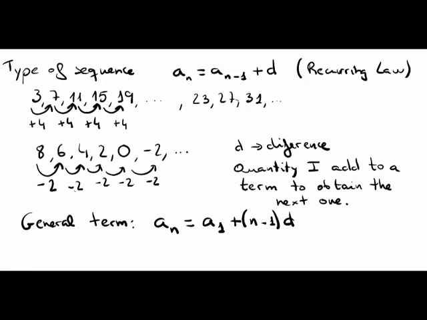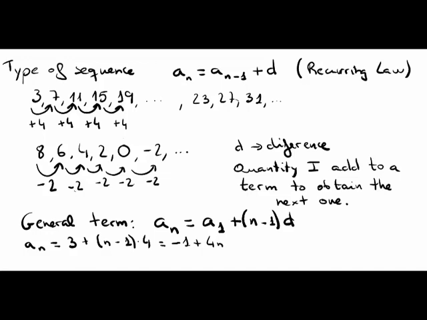For example, for the first sequence, an will be the first term, 3, plus n minus 1 multiplied by 4. And this can be written as 3 minus 4 plus 4n, which equals minus 1 plus 4n.